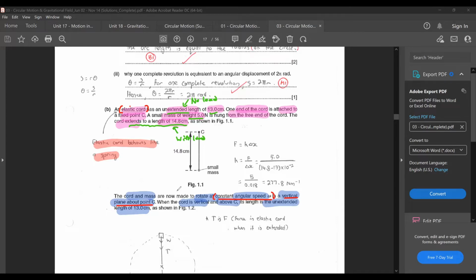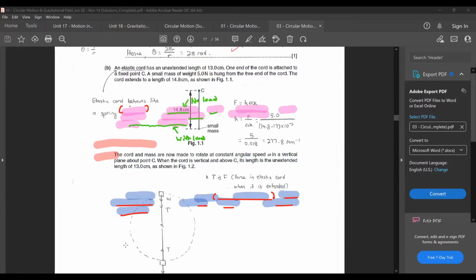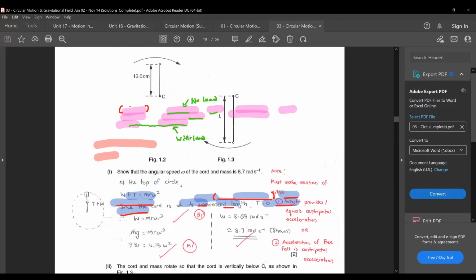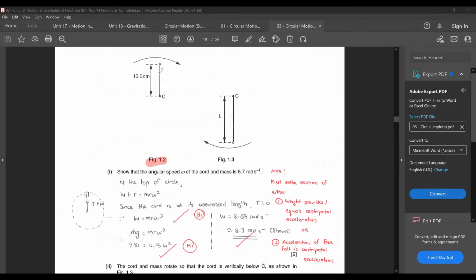Okay, now when your cord is vertical and above C, the length is the unextended length of 13 centimeter as shown in figure 1.2. If you look at the next page, this is the diagram showing you what's happening now. The figure 1.2 is showing you the cord when it's at the top position, sorry, when the cord is vertical and the mass is at the top.